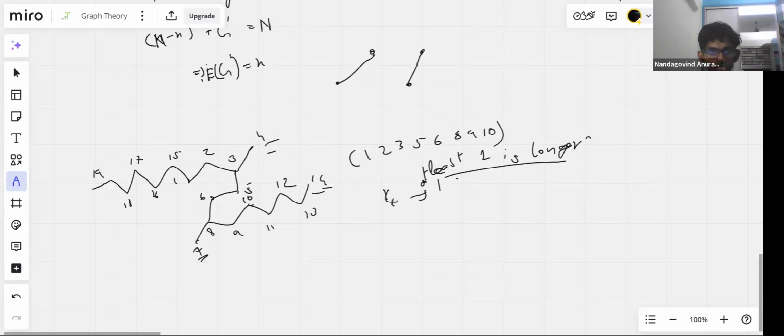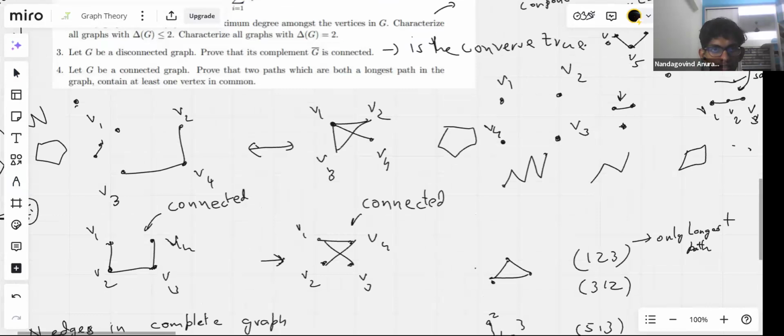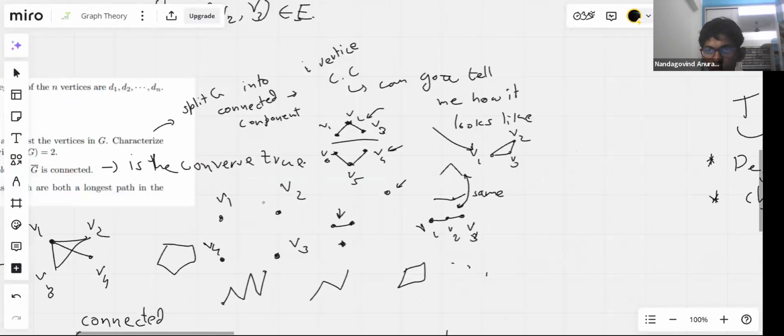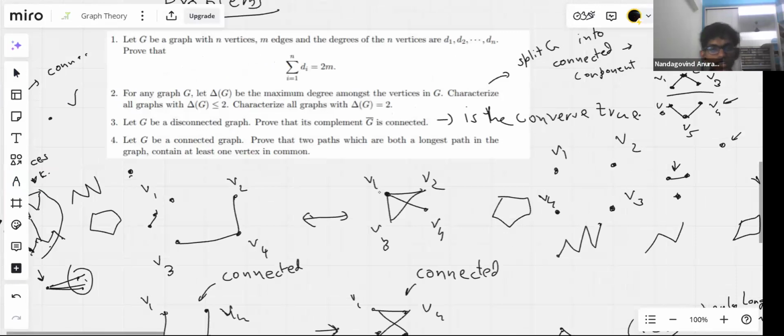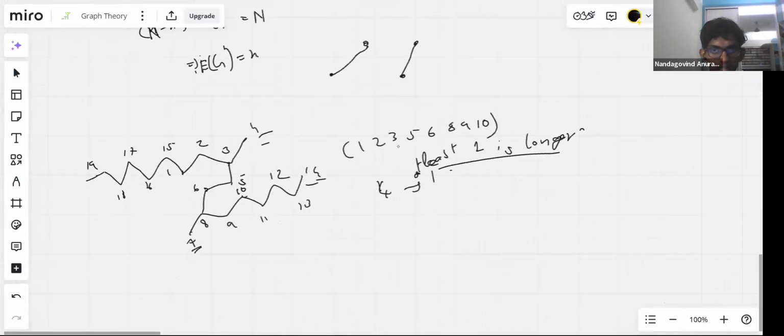So you can try rigorously showing that as homework if you want. I should have enough questions to give a problem set. So that's the idea for question 4. You guys can try to work out what the rigorous argument is, like why this statement is true.